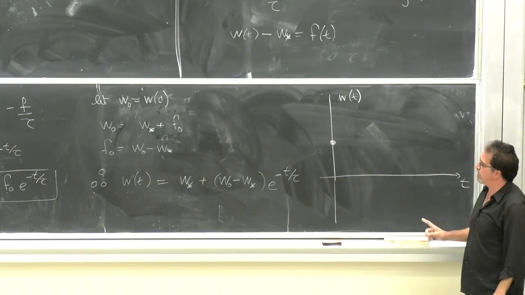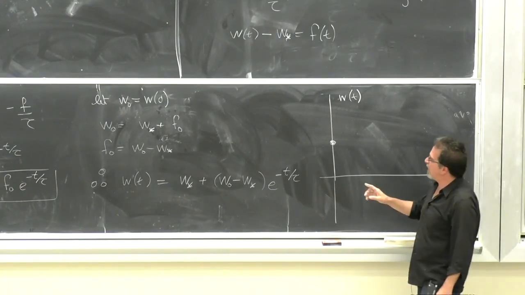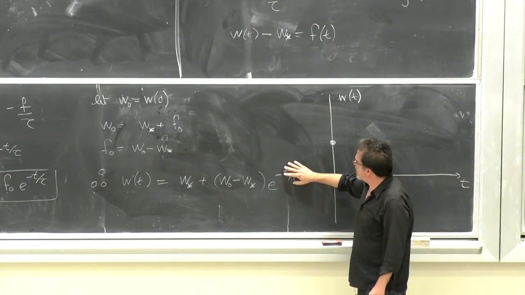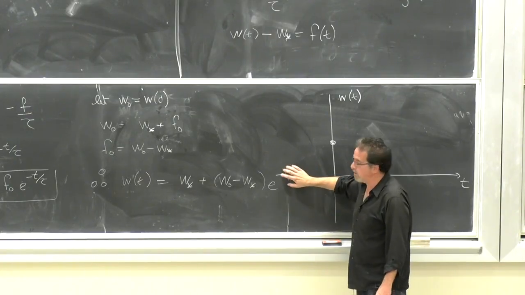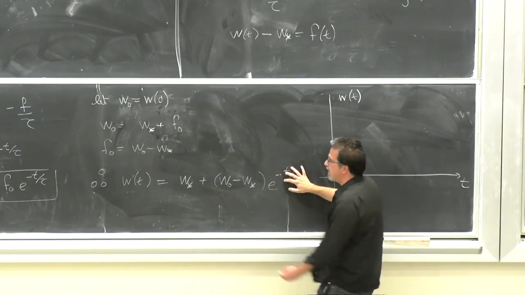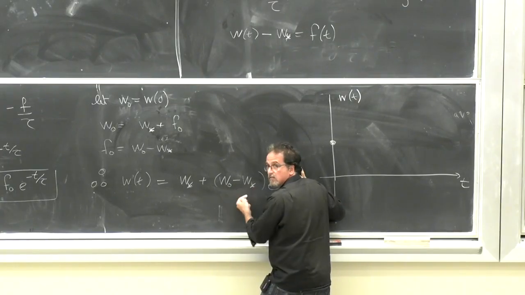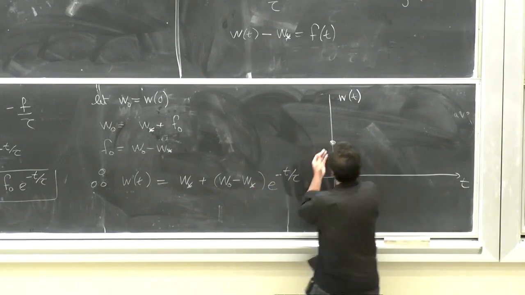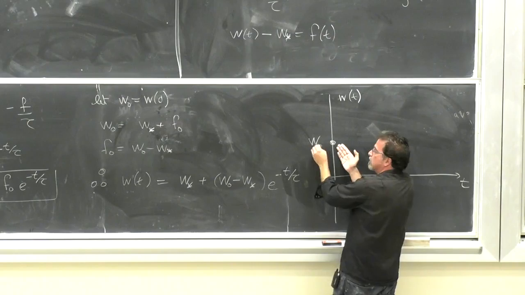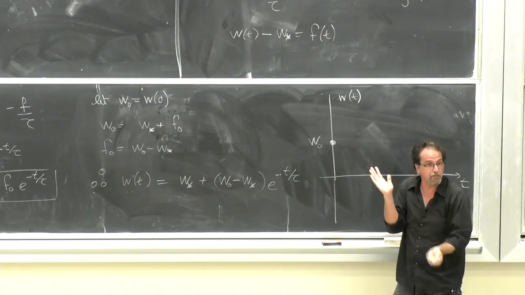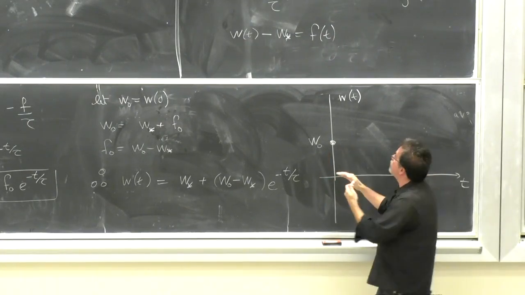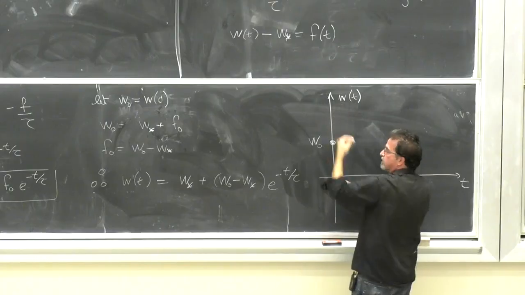What's going to happen here? At time t equals 0, look at time t equals 0, this exponential is 1, right? And so w is w star plus w0 minus w star. So these guys cancel, and you've got w0. So at time t equals 0, you're at w0. That's where you start, your initial shot, up. I'm using up as positive, okay? That's why it's like this.